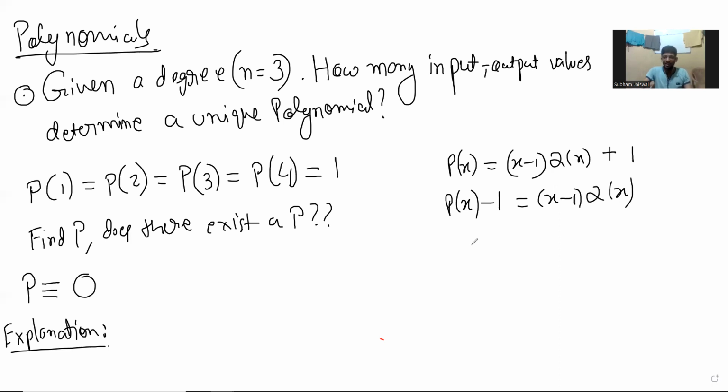Or you can just say, well, yeah, p(1) minus 1 is 0. There are many ways to just see it in your own way. That you have constructed a polynomial which becomes 0 at some point. It becomes 0 at 1. Right? And that polynomial is p(x) minus 1.